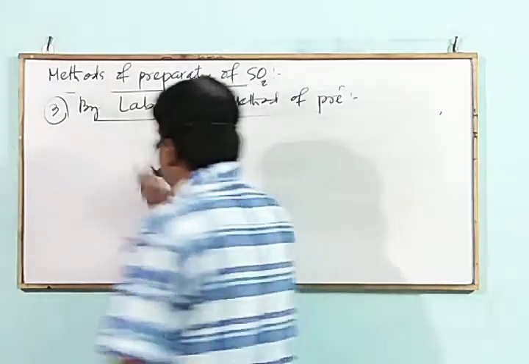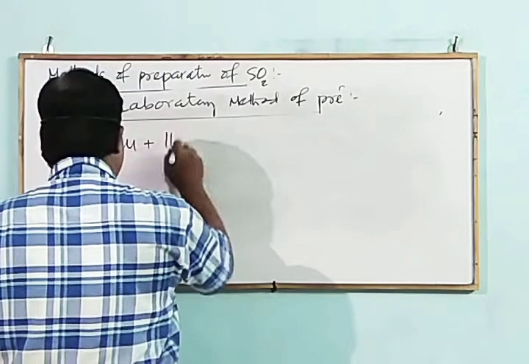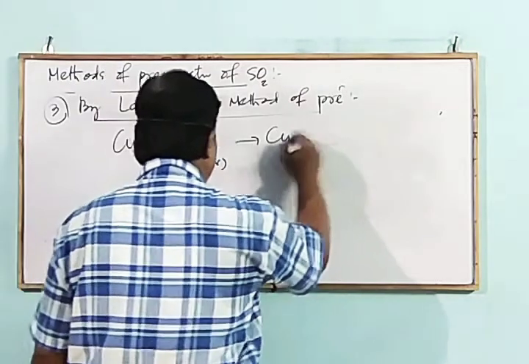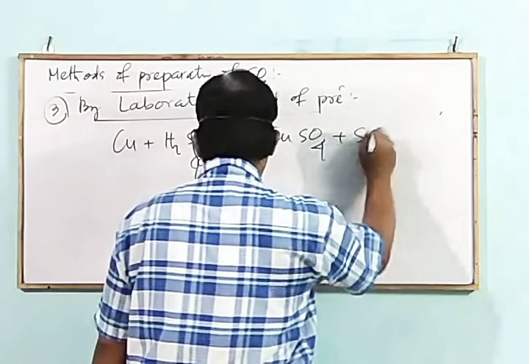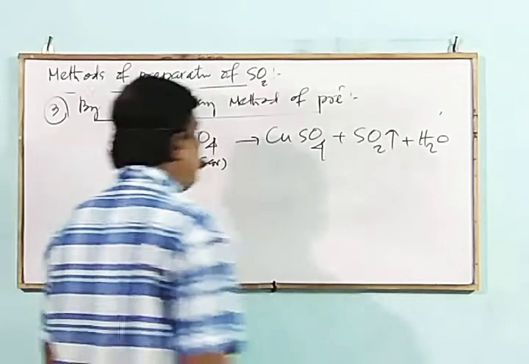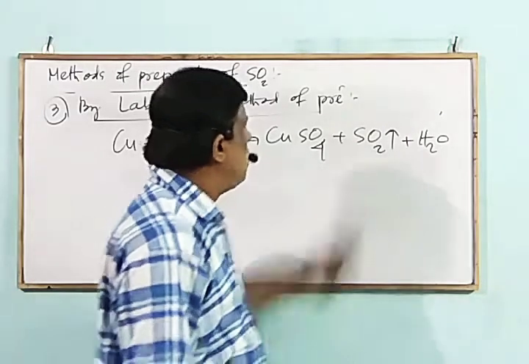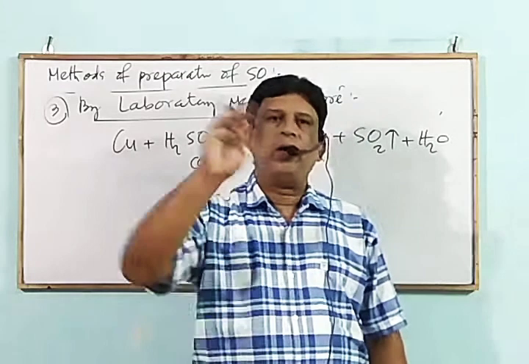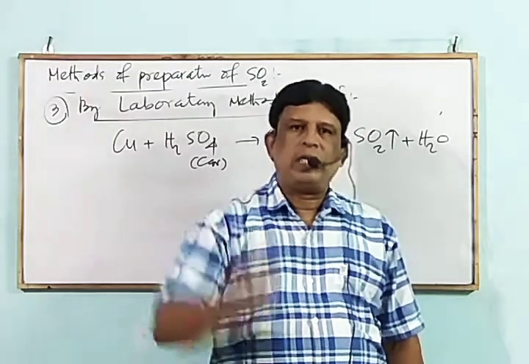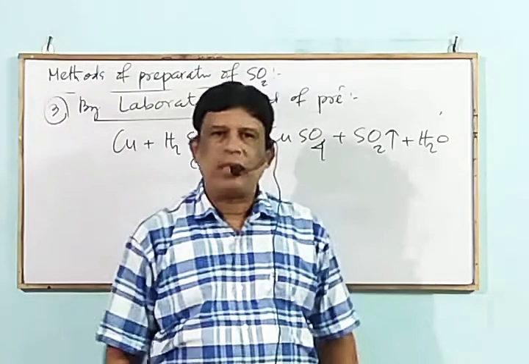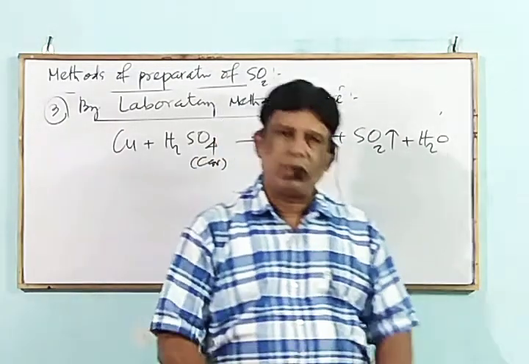Mark that. Copper plus concentrated sulfuric acid give rise to copper sulfate plus sulfur dioxide plus H2O. This sulfur dioxide gas is collected by the upward displacement of air, and it is purified by passing through concentrated sulfuric acid.